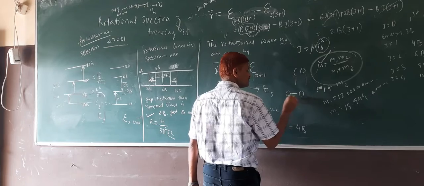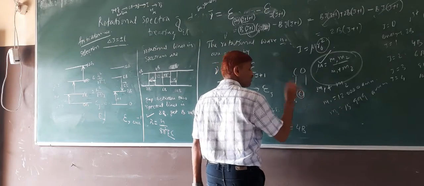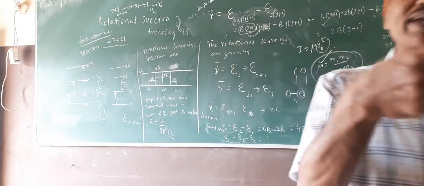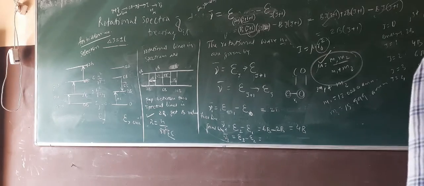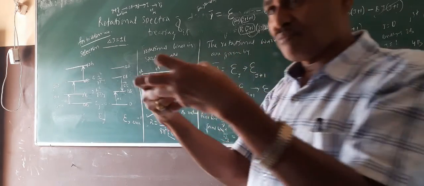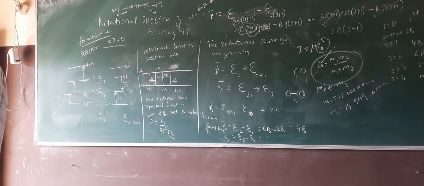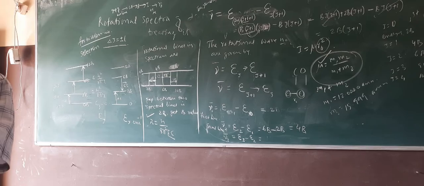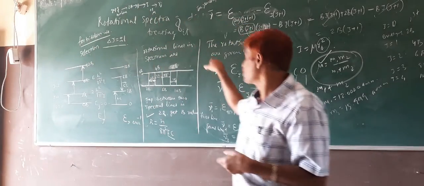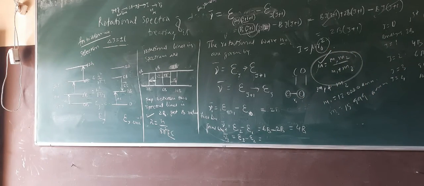This is R0, the distance from the center of the carbon atom to the center of the oxygen atom, which we cannot determine by putting a scale. You can't measure the distance between a carbon atom and an oxygen atom in carbon monoxide by a scale. So our study is helpful to know the bond length of a diatomic molecule.